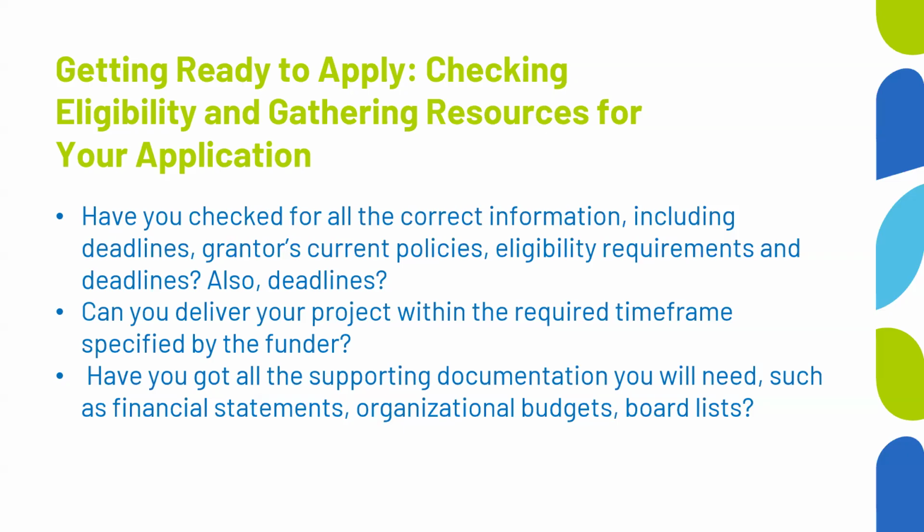So have you checked for all the correct information, including the deadlines, the grantor's current policies, the eligibility requirements of the funder, and deadlines. I'm going to tell you that 26 years ago, this month, I missed a deadline that cost around 20% of my organization's annual budget, because I had written something down wrong.